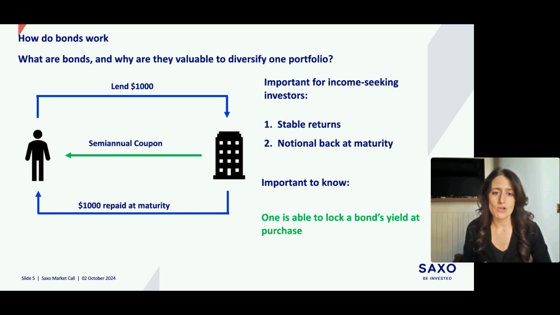An investor buying a bond today is going to secure a yield to maturity. And with yield, what we mean is an annualized return of that bond, which will not change throughout the life of the bond until the notional gets paid back.